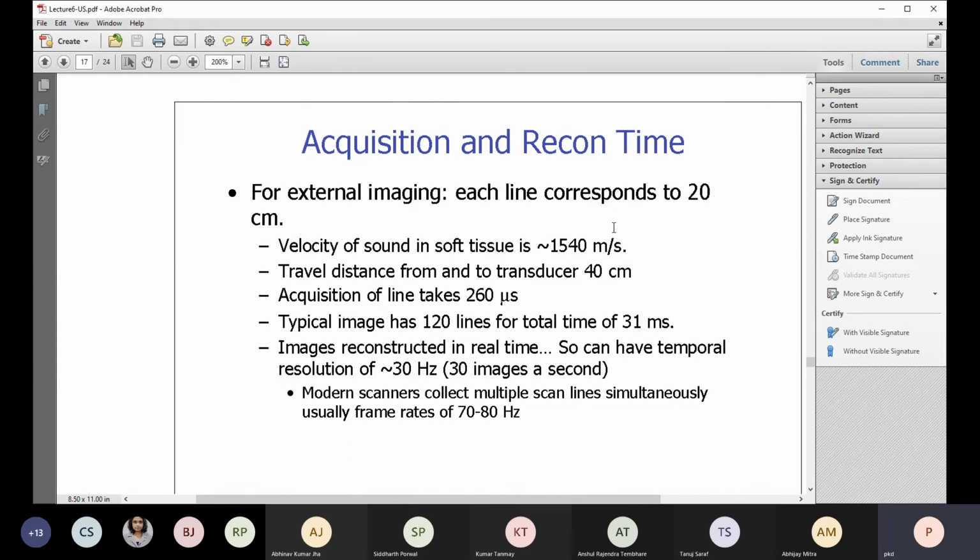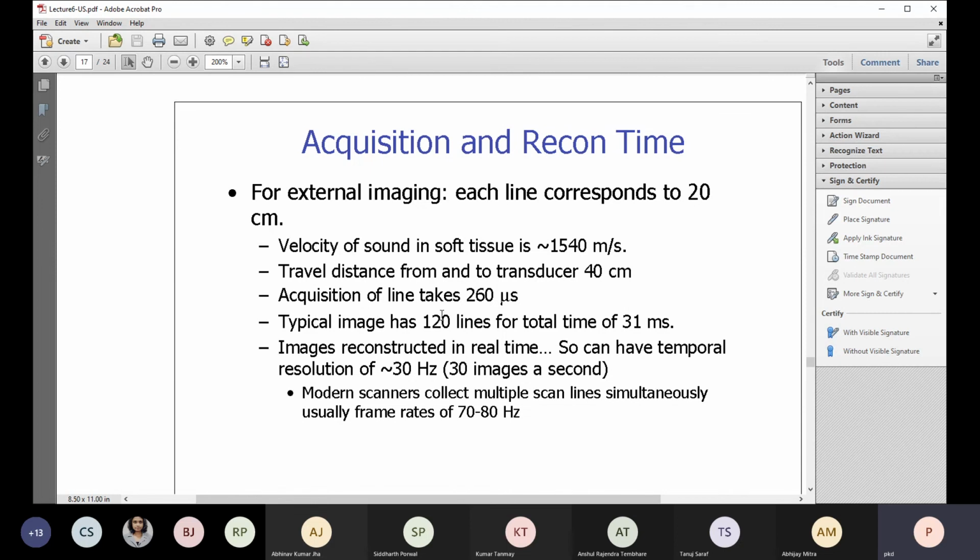There is an example given. For external imaging, each line corresponds to, say, 20 centimeters depth, depending on the transducer and detection threshold; we can set that depth here. The velocity of sound is 1540 meters per second. The travel distance to and from the transducer will be 40 centimeters if the depth is 20.